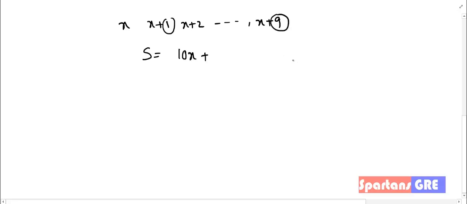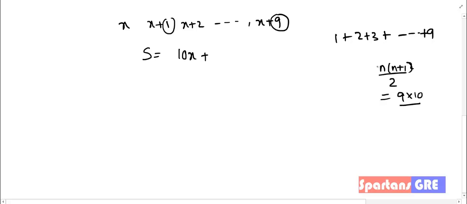If you are adding consecutive numbers 1 plus 2 plus 3 and so on till 9, do not add manually. We have a formula. The first way is n into n plus 1 by 2, which is 9 into 10 by 2, which is 45.